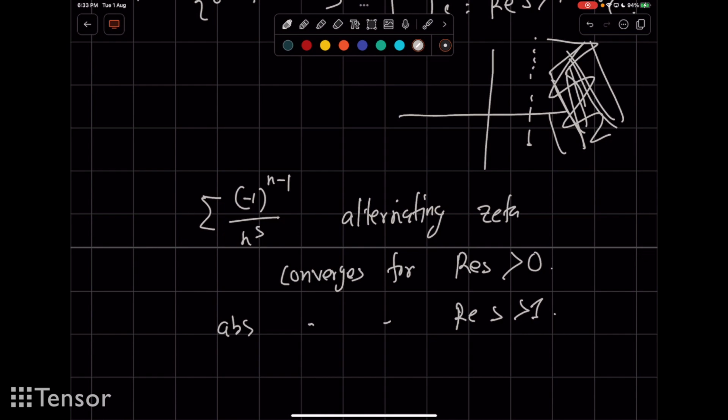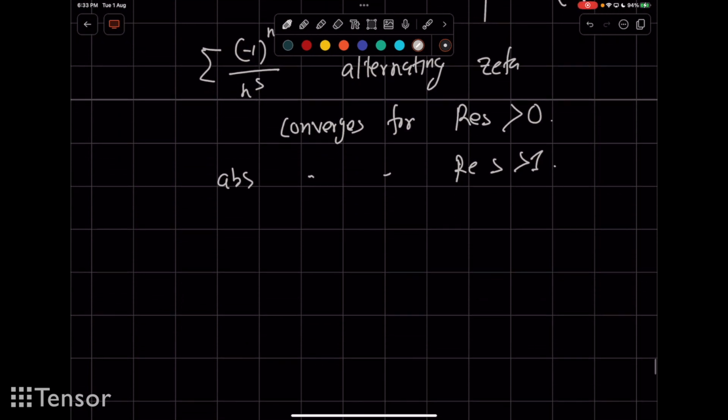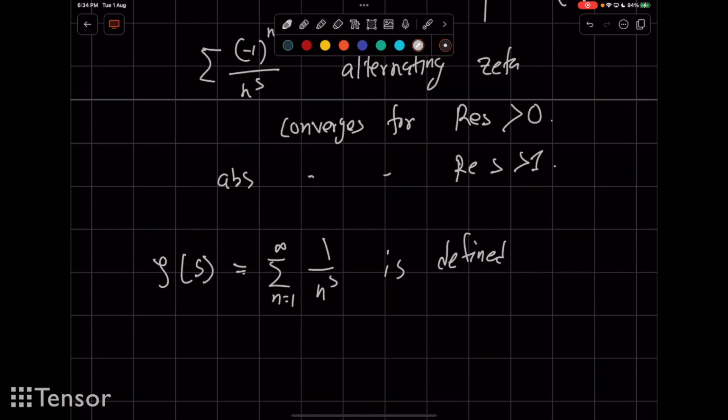Also, the Dirichlet series for the zeta function, that is, zeta of s equals the sum over all n of 1 over n to the s, is defined for the real part of s being greater than 1.